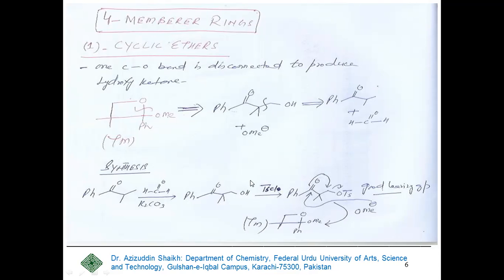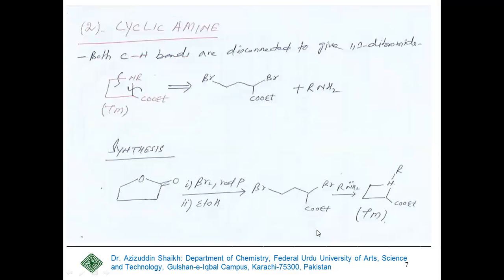With tosyl chloride, the hydroxyl group will be replaced with a tosyl group. This is a good leaving group, and this methoxy group reacts with this carbonyl, and as a result the tosyl group will be removed and the four-membered cyclic ether is obtained.